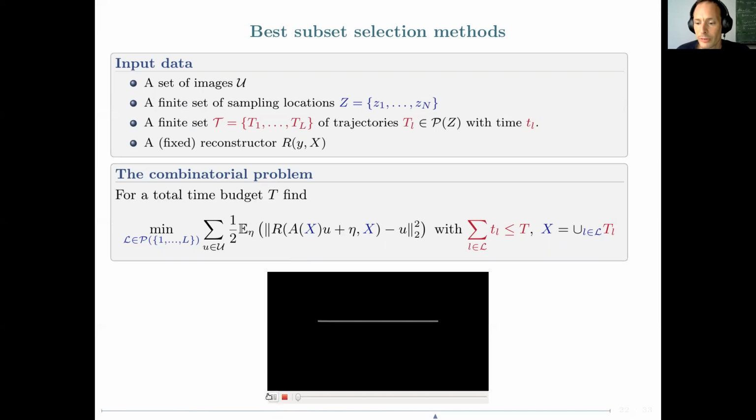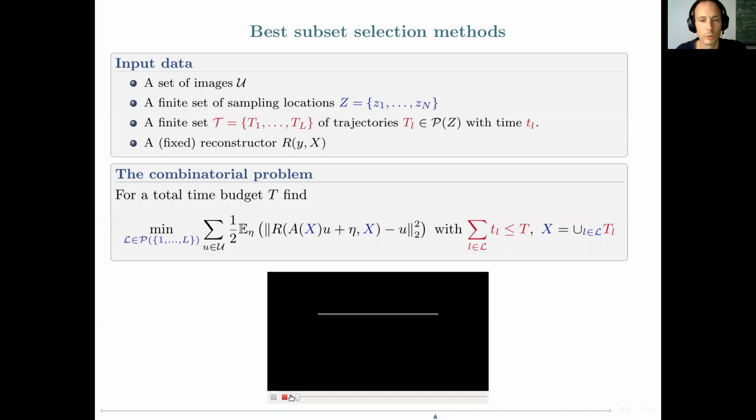So for instance, here is an illustration of one algorithm that you can use to solve this. Imagine that you can only sample horizontal lines. So this would be your T1, TL would be all the horizontal lines. And what you can do is probe every line, reconstruct all your images using this line only, and pick the line among those lines which provides the best signal-to-noise ratio.